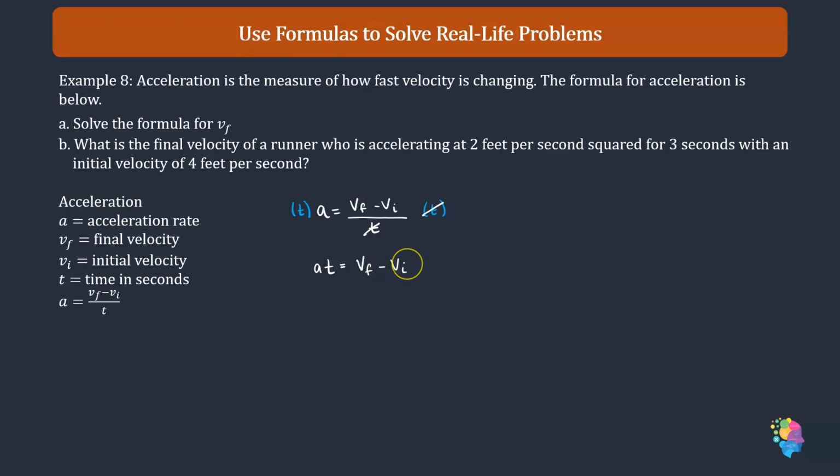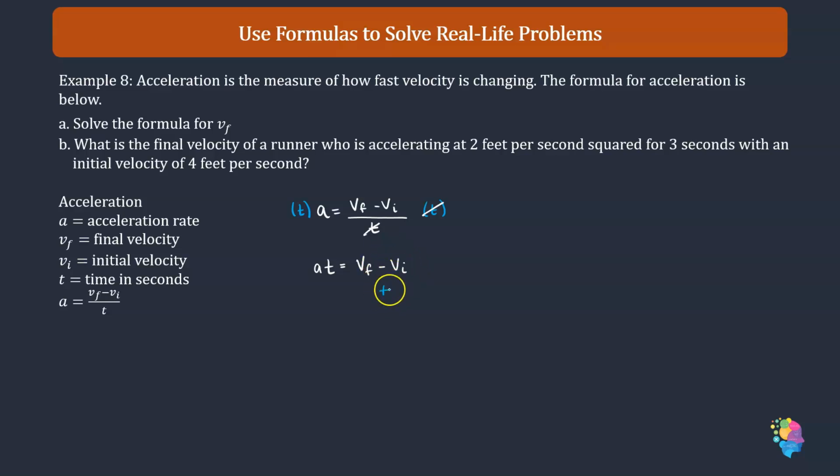Now we have to check that there are no like terms. There isn't, even though both of these are V's. This one has a subscript of f, and this one has a subscript of i, so we cannot combine them as like terms. The last operation that is here is subtraction. Since I'm trying to solve for Vf and Vi is being subtracted, the inverse operation of subtraction is addition.